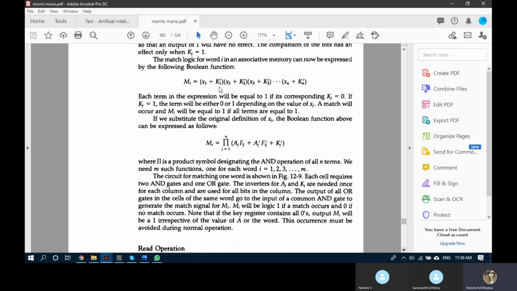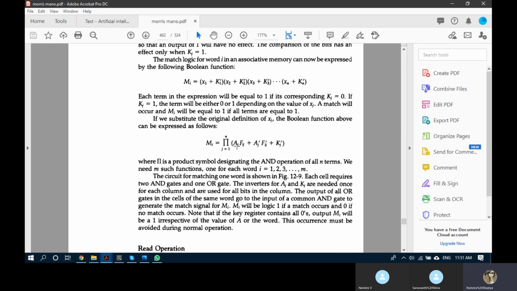And then this expression can be written in this form, like this is a product of aj and fij. Fij is nothing but that c value. Instead of using c, you are just using f. Fij is the ith word and jth bit of c.